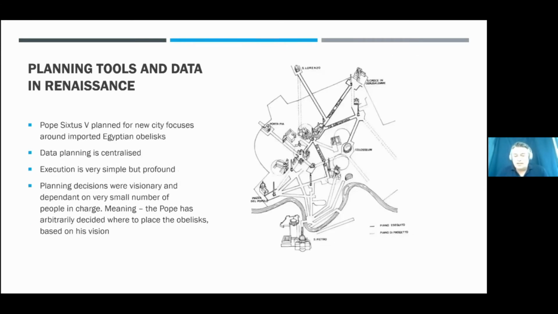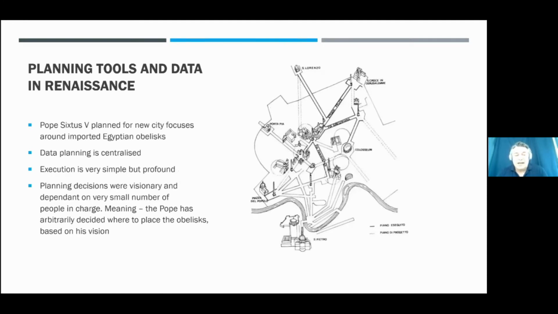The next one, we are jumping about 1,000 years ahead, and you can see a sketch that actually changed and defined the city of Rome, which was the center of world civilization at that time, the most advanced city in the world.